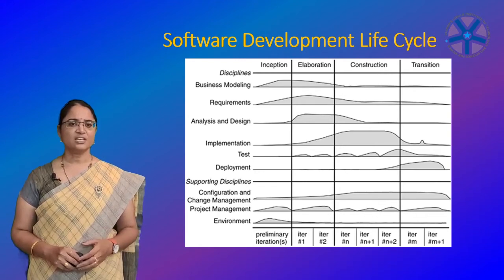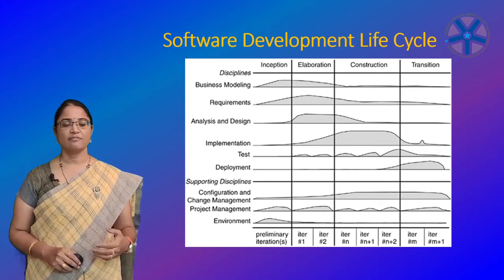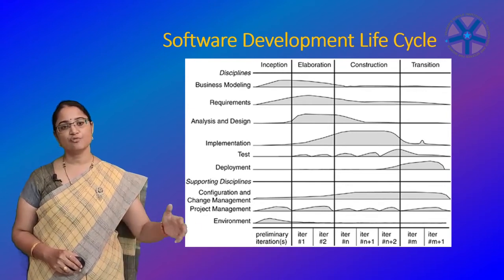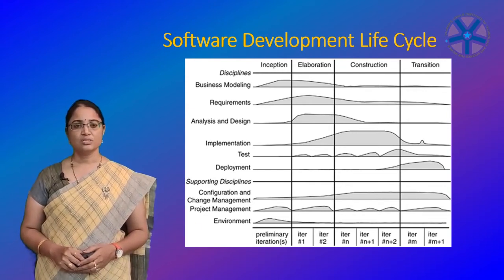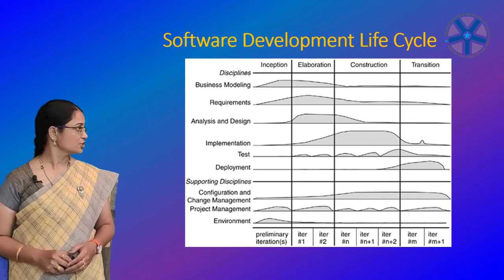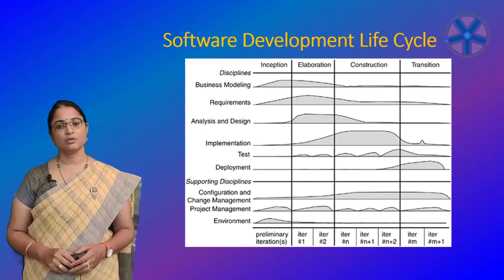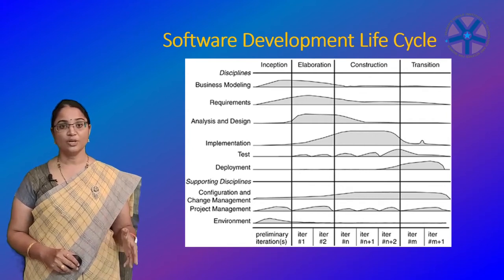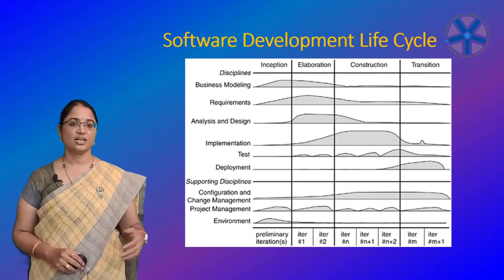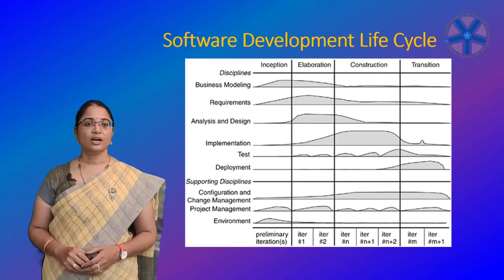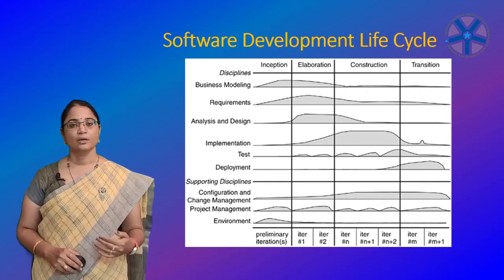When a well-defined set of objectives are met, artifacts are completed and decisions are made whether to move to the next phase or not. So this is the structure of the software development life cycle. In this structure you can see the 4 phases: inception phase, elaboration phase, construction and transition. Here we have some more processes.